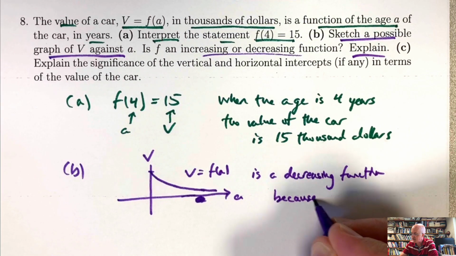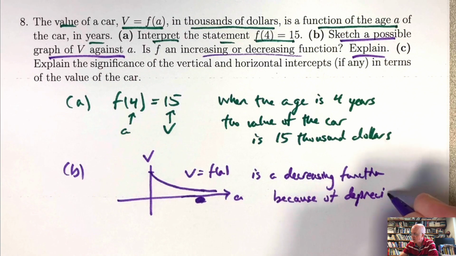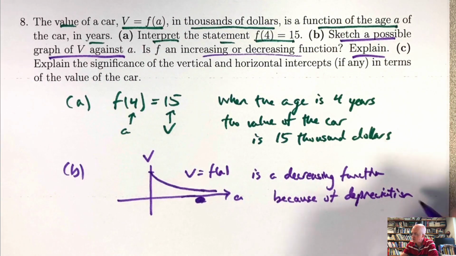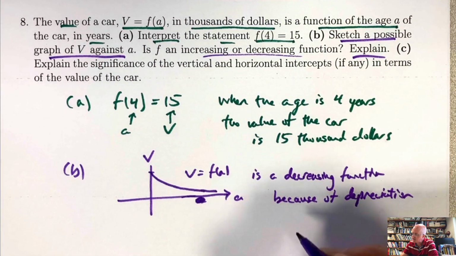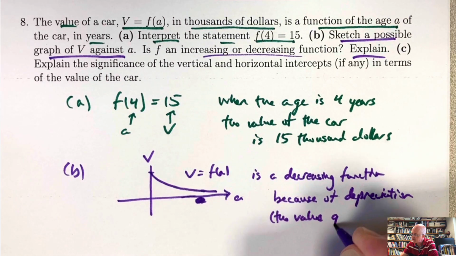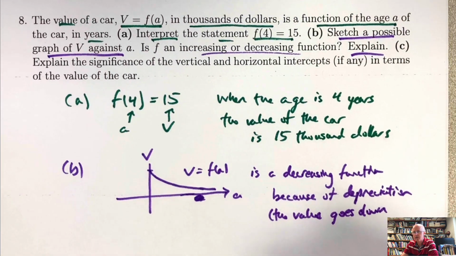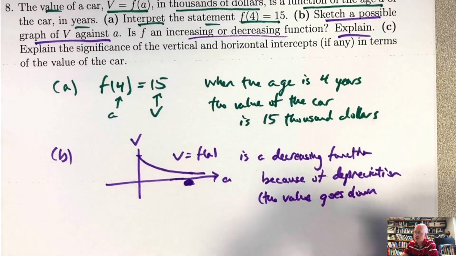Because of depreciation. You know, people want, in general, new cars. Depreciation. The value goes down over time. People want new cars, so they're less willing to pay for old cars.